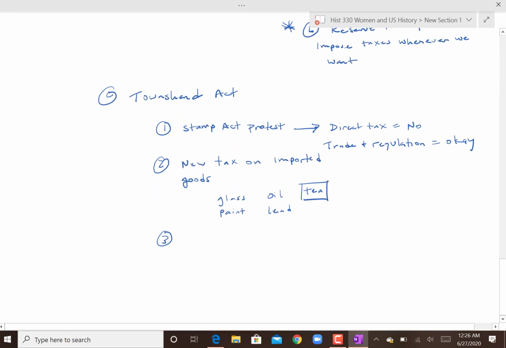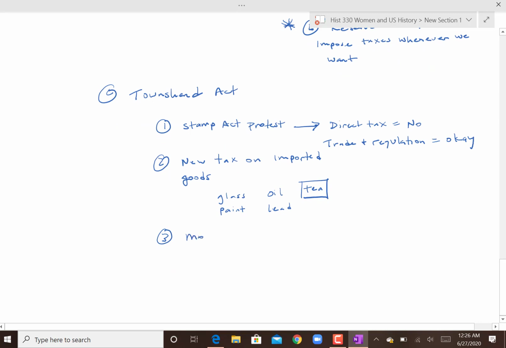So the other thing that they said is that the money made from these taxes, these trade and regulation taxes, right, would go to help pay for the colonial administration positions.